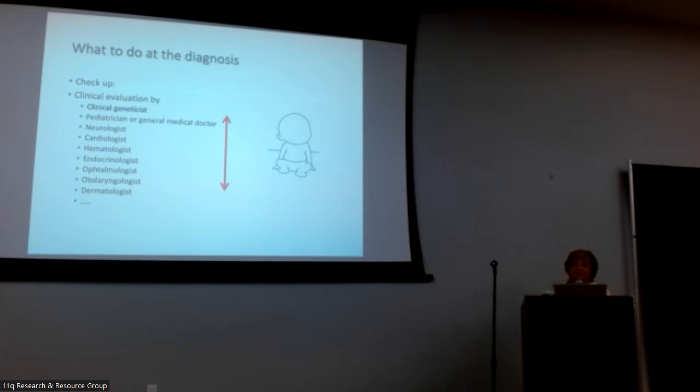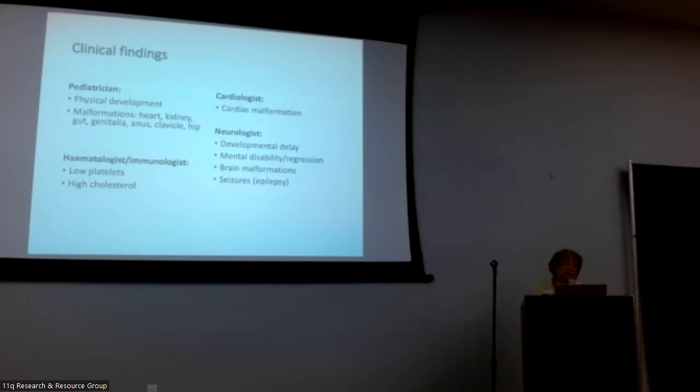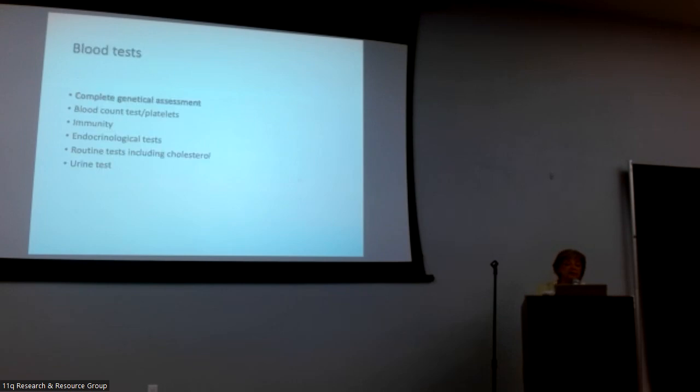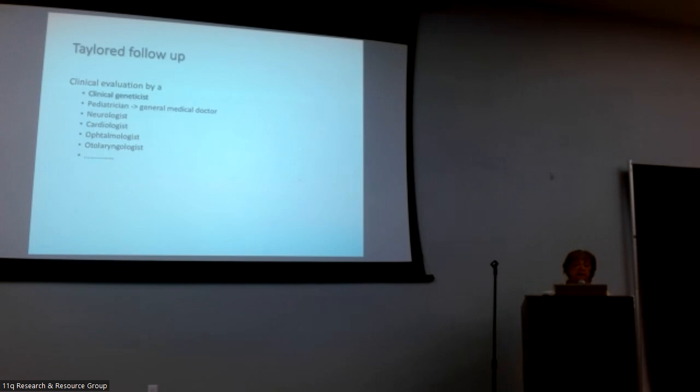In all cases of a syndromic patient, you need a clinical assessment by all the specialists, instrumental tests, a complete blood assessment, and evaluation after a while, and the follow-up must be tailored according to what's wrong in the child.